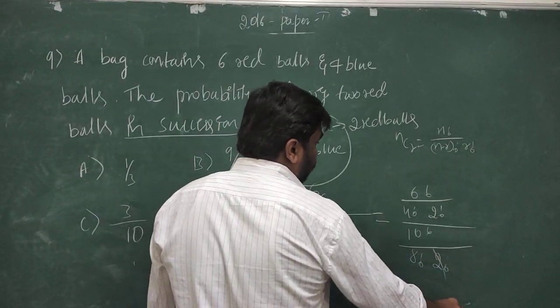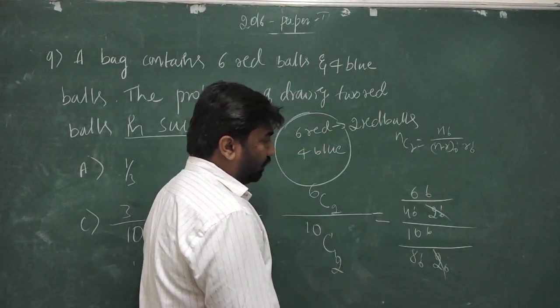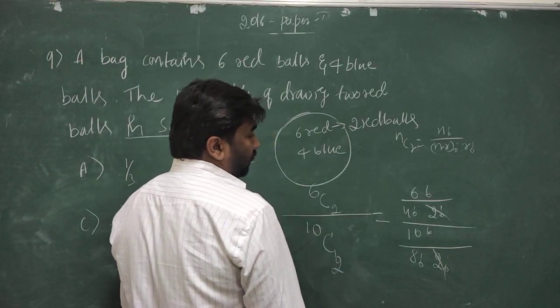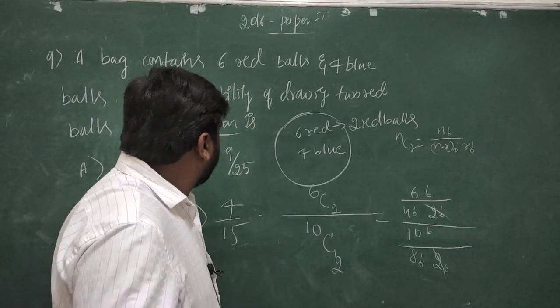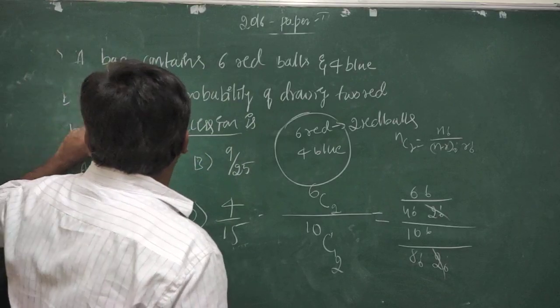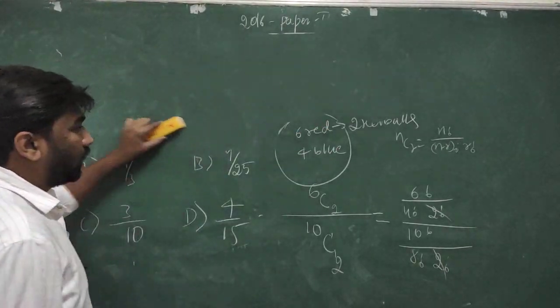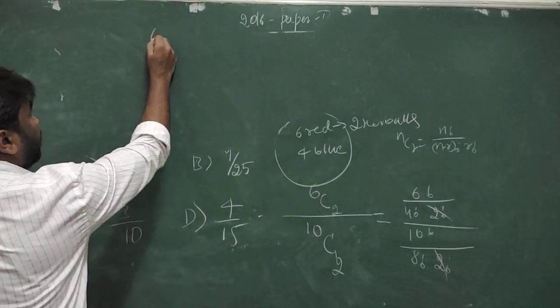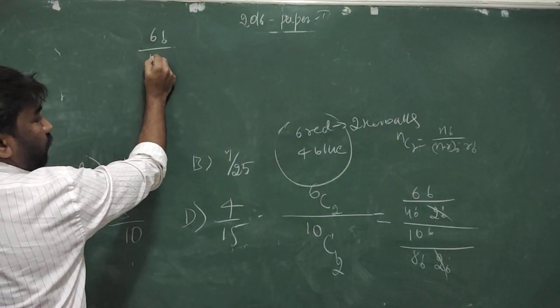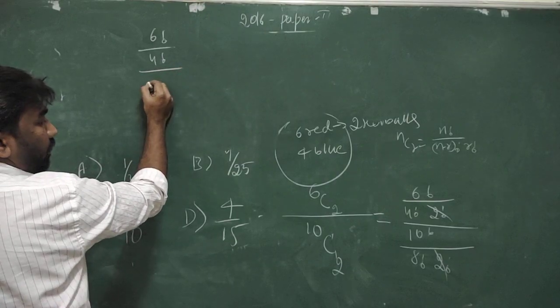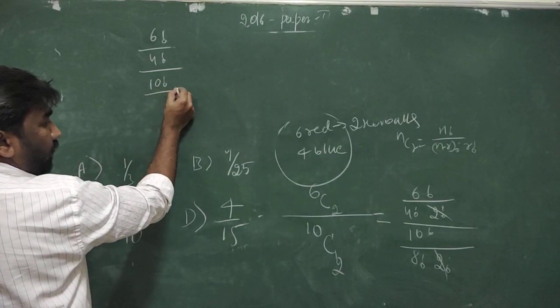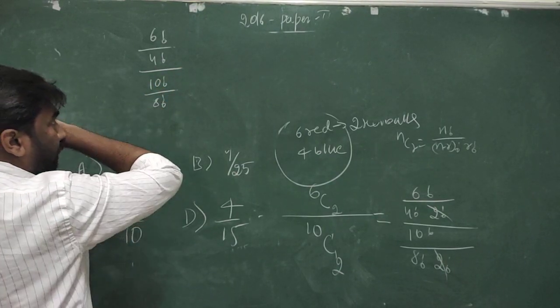So this 2 factorial and this 2 factorial cancel, and we have 6 factorial divided by 4 factorial, divided by 10 factorial divided by 8 factorial.